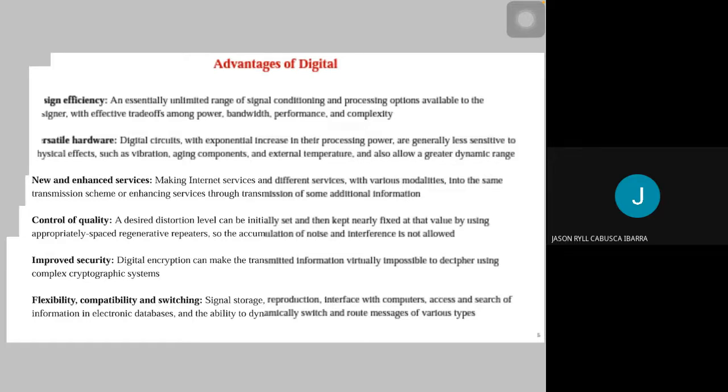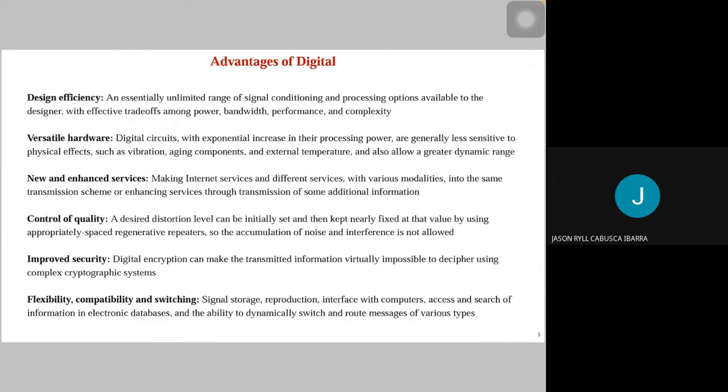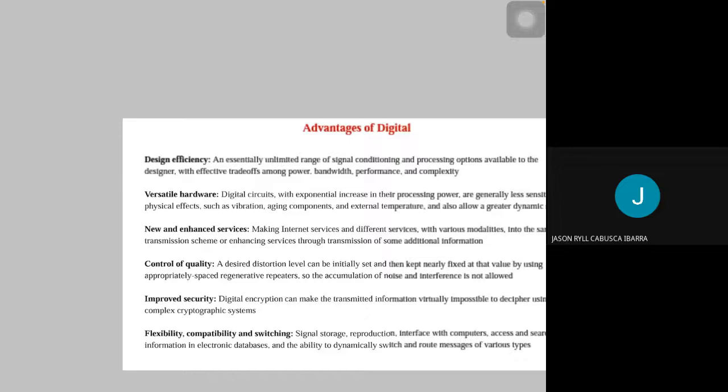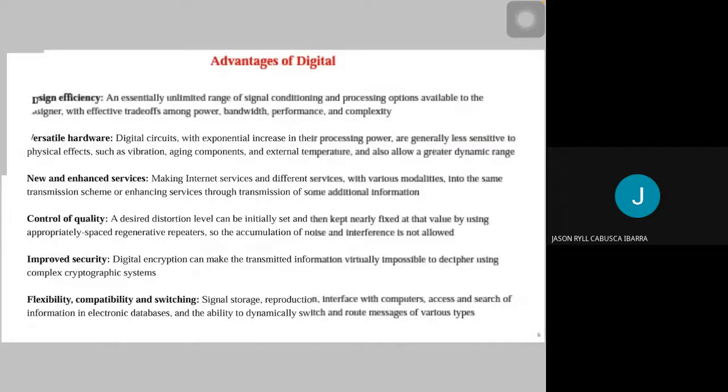Improved security, no, because we're dealing with digital information or digital data. We know nga pwede ta maka-create og software types of mitigations to add security to the system.